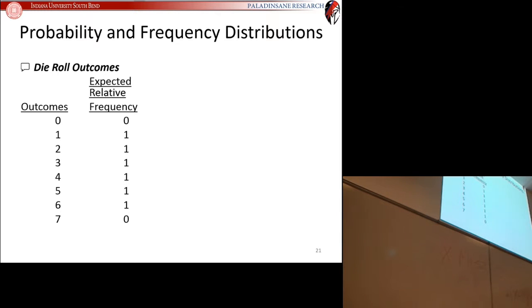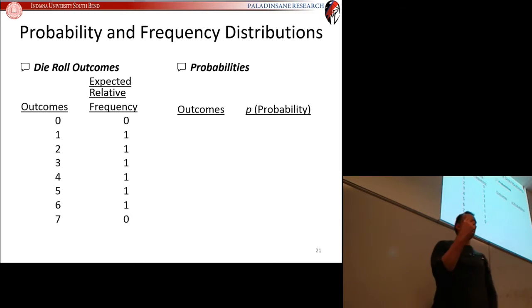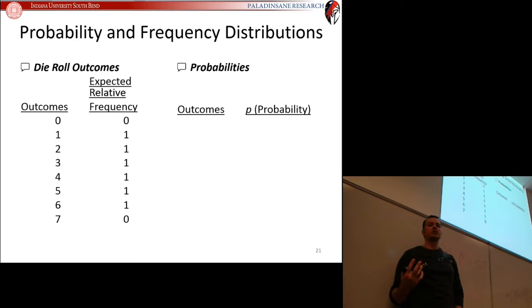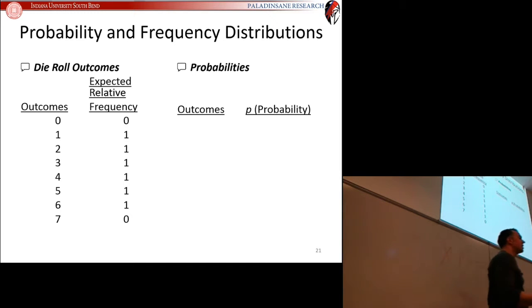This, you might hopefully remember, is a frequency table right there. And we can calculate the probabilities of rolling any one of these numbers by using the formula that we just introduced: the number of a specific occurrence divided by the total number of occurrences.